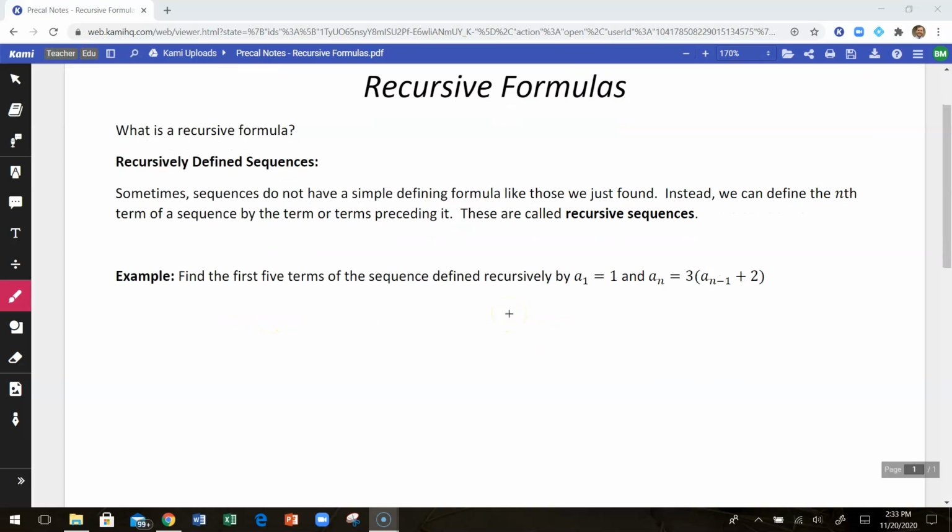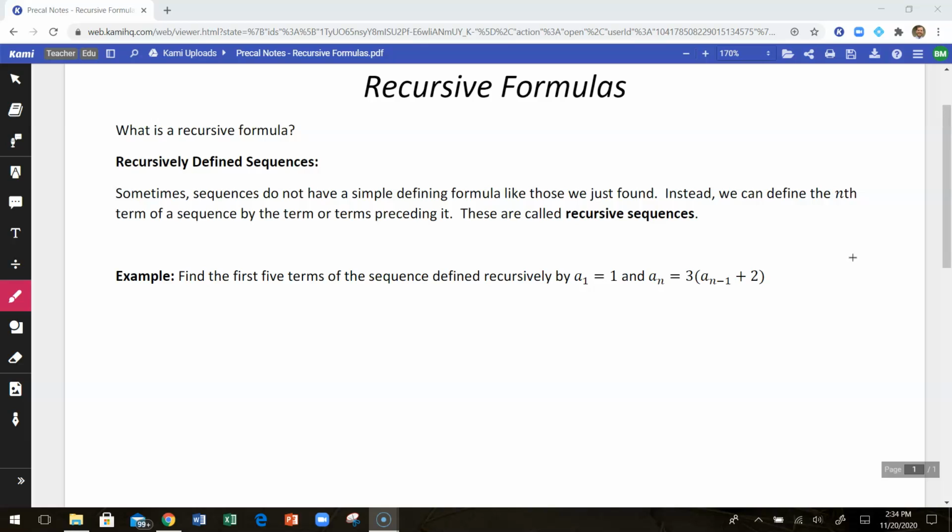So a couple things. With recursive formulas, you have to be given a starting point. So this first term has to be given, and it tells me that, in this case, a sub 1 is 1. I know the first term of my sequence is 1. Then it says every term after that, a sub n, is defined as 3 times a sub n minus 1 plus 2. Okay, so what's that mean?